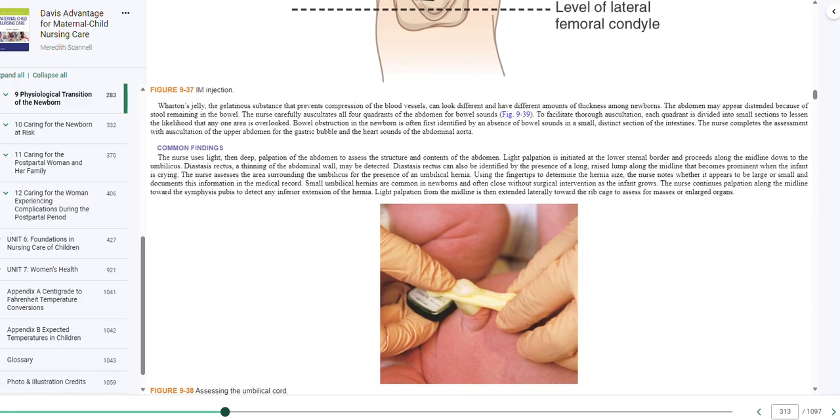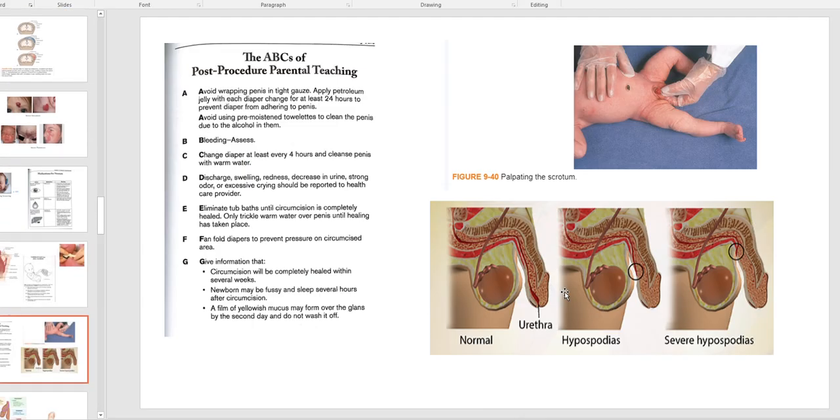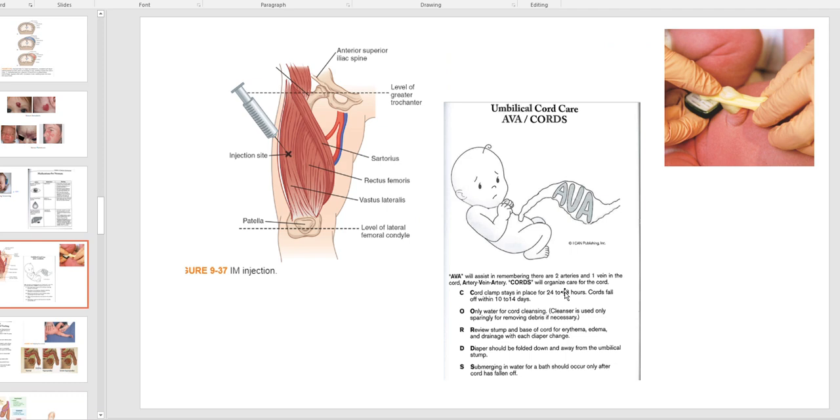Alright, if there's anything else over here I wanted you to look at. Cords. Alright, let's talk about cords for a second. It's in your book somewhere, but I want you to look at this. So AVA cords: artery, vein, artery.